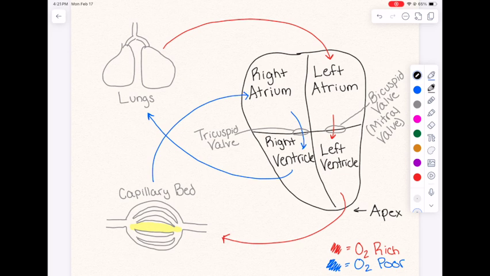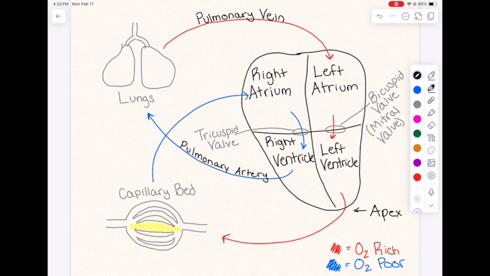The right ventricle is pumping blood to the lungs in order to get oxygen. This artery is called the pulmonary artery. And unlike other arteries we study, it carries oxygen-poor blood. The vessel that carries the oxygen-rich blood from the lungs to the left atrium is called the pulmonary vein and is the only vein that carries oxygen-rich blood to be pumped to the rest of our body.